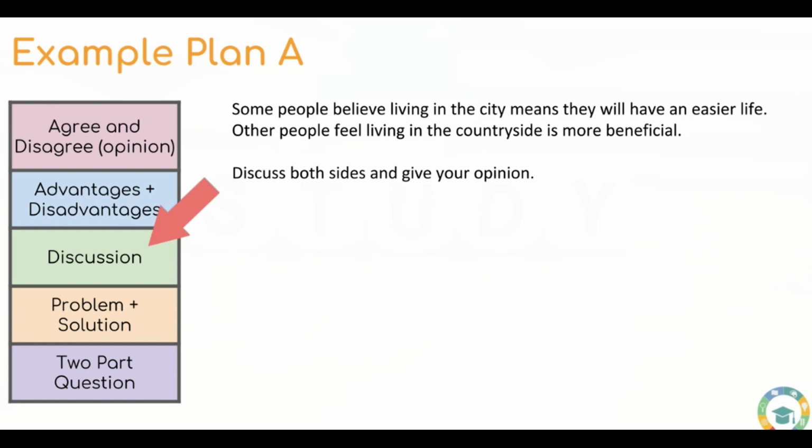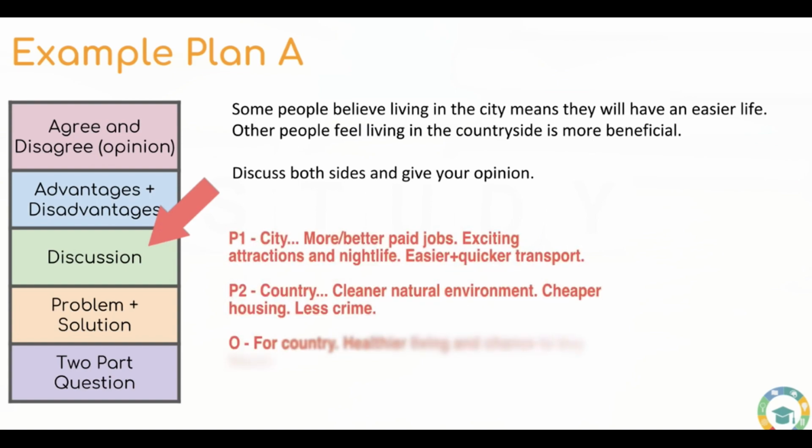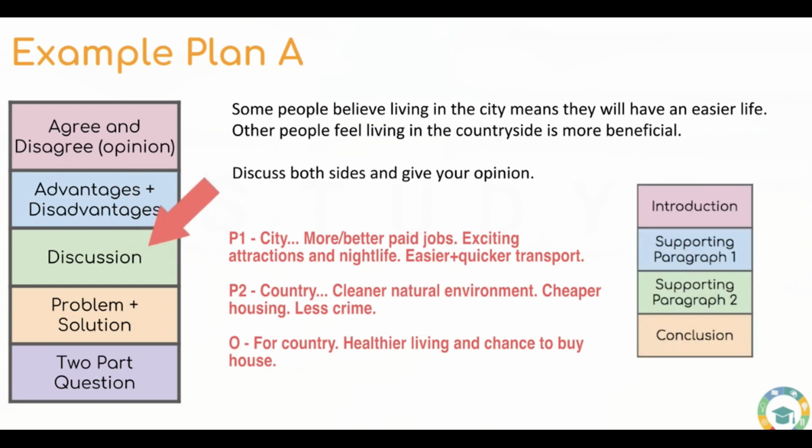Here is my plan, and let me explain how you can use this format to write plans of your own. You may remember that the introduction pretty much stays the exact same for any question type, so there's no need to plan for this. P1 is paragraph 1, P2 is paragraph 2.